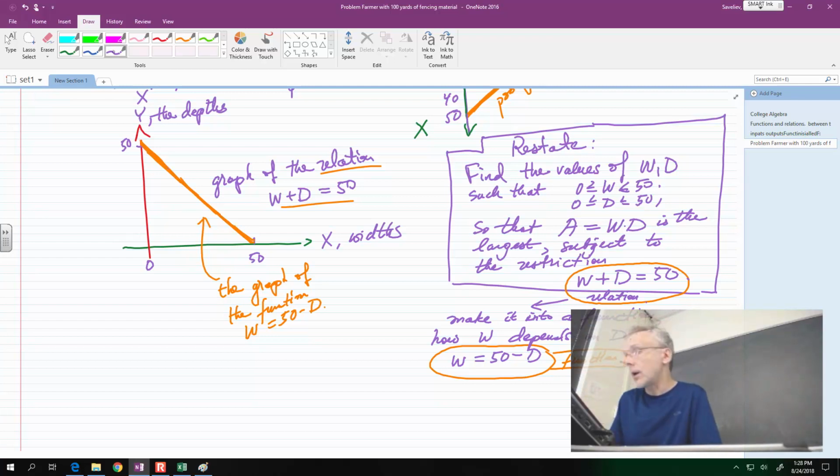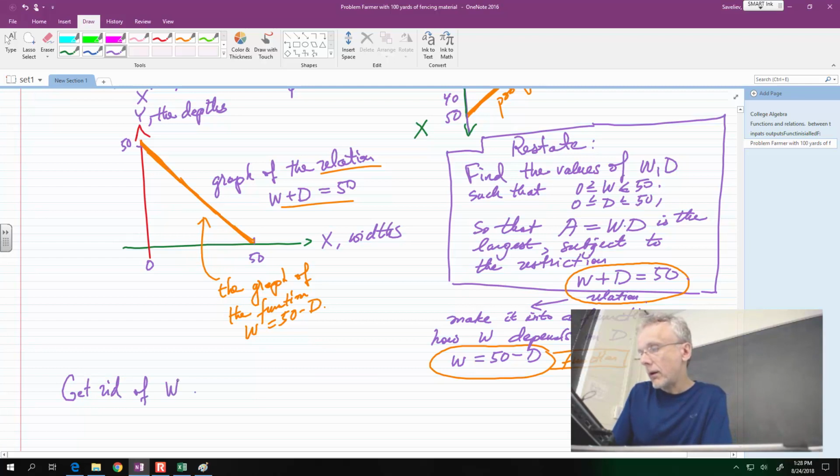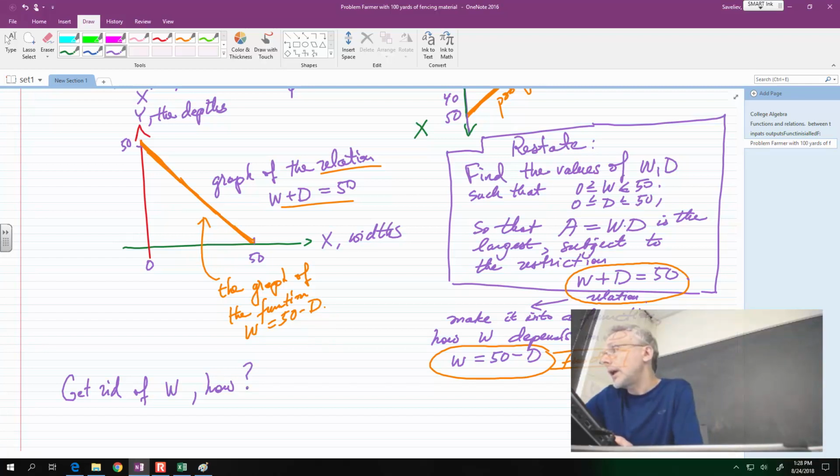And how do we get rid of W? Look at the problem in the box. Here all three variables are present. How do we get rid of W?